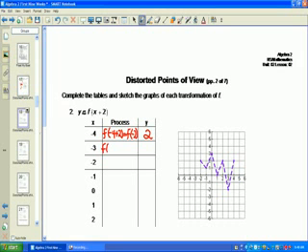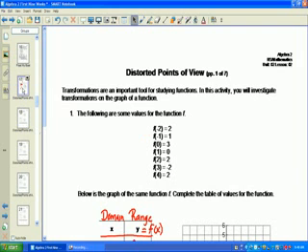I'm going to put the f. And I'm putting parentheses, and instead of me putting just an x, I'm going to put a negative 3. So I'm going to have negative 3 plus 2. What's negative 3 plus 2? Negative 1. So I'm going to look for f of negative 1. So I'll go back to the front page. So that's going to give me 1.